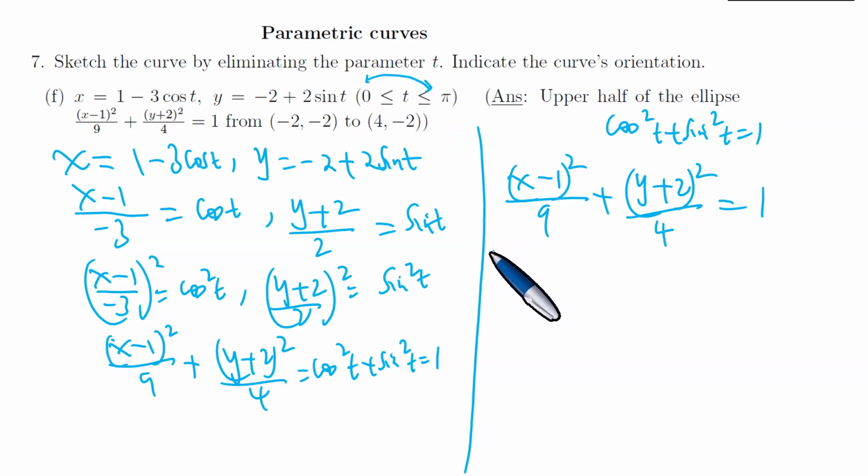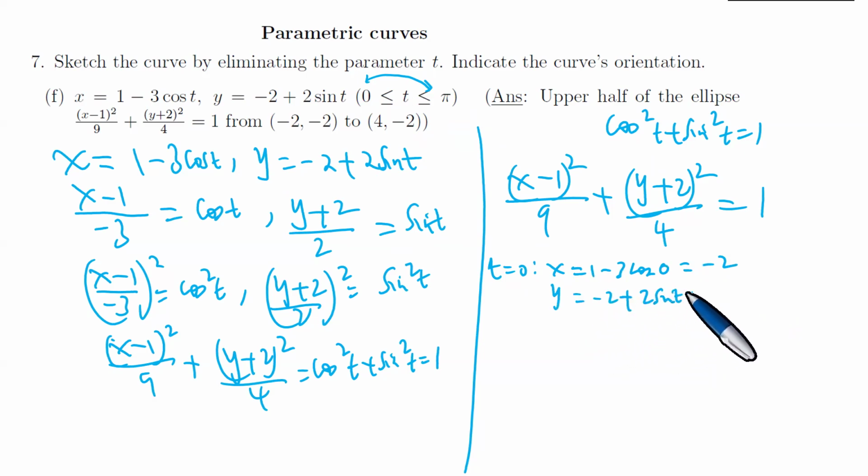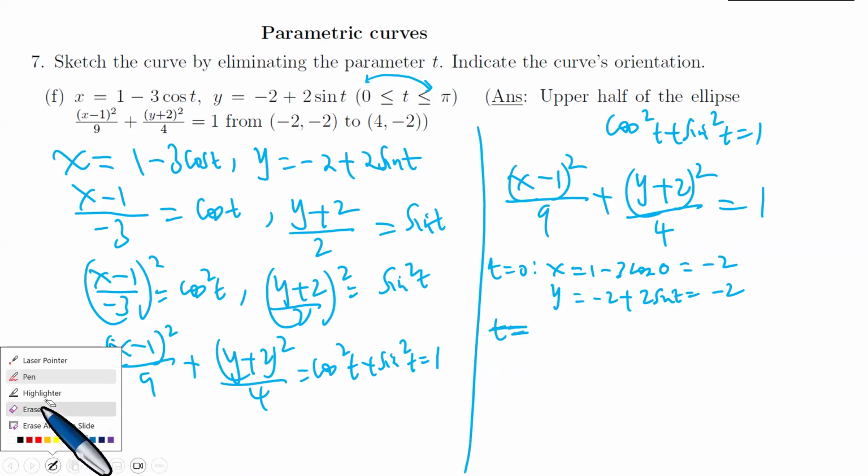So now you need to do, when t is 0, you're going to substitute here. 1 minus 3 cosine 0, minus 2. So you have t equals 0.